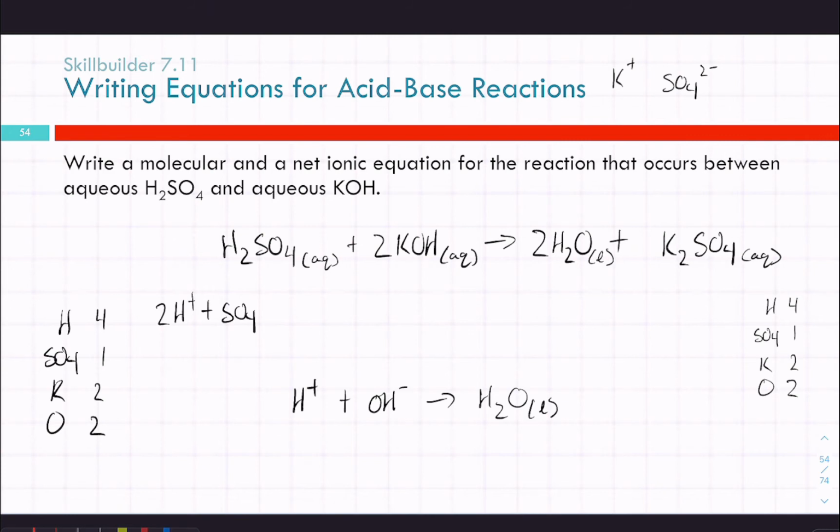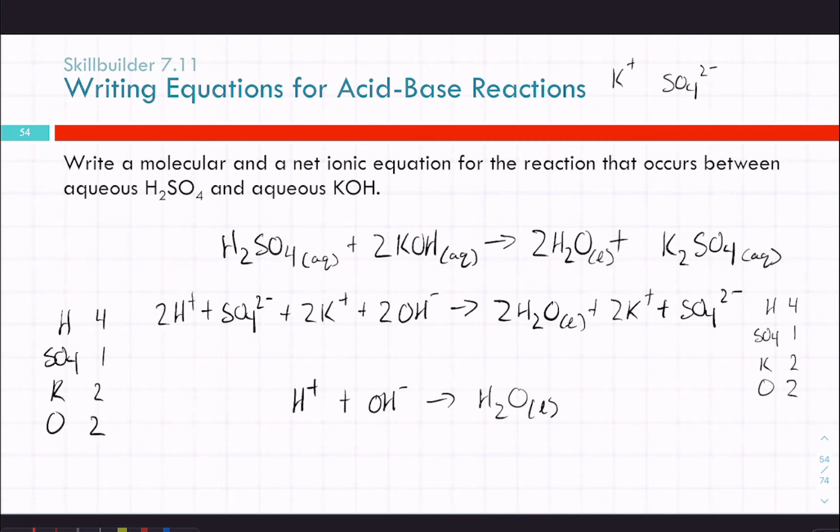Leave water, 2H2O. And then we're going to have 2K plus, SO4 2 minus. So that's our complete ionic equation.